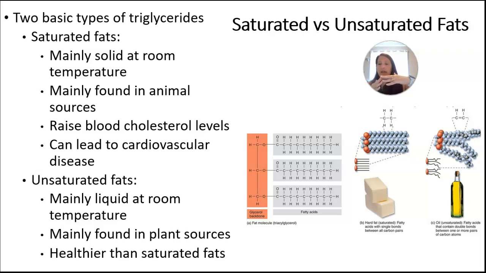And so that causes them to not be able to stack on top of each other. There is space in the molecule that's created. And so they're not going to be solid at room temperature. Instead, they're going to be liquid. And so you want to think of oils here. Okay? And again, that's all due to that molecular structure.